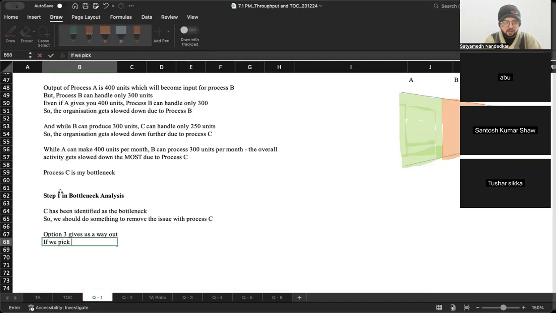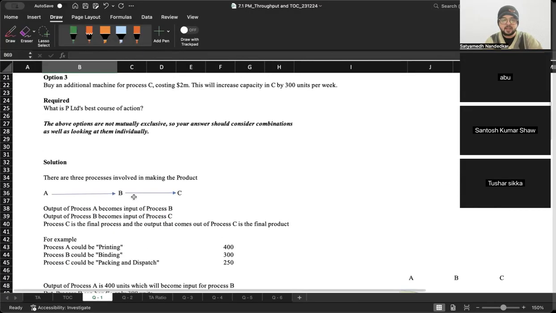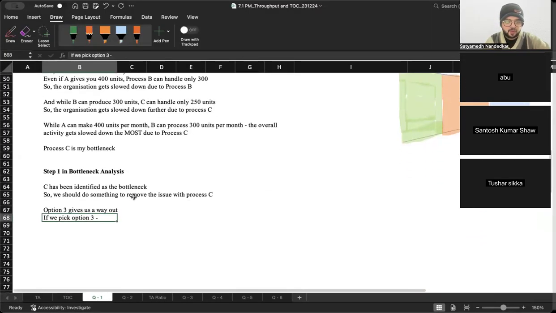If we pick option 3, what will happen? If we pick option 3, we buy an additional machine for process C and that will increase the output.